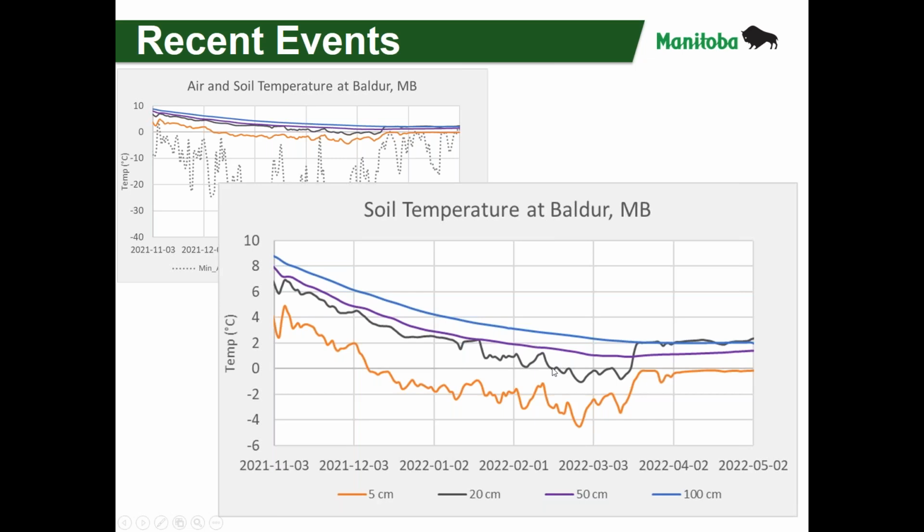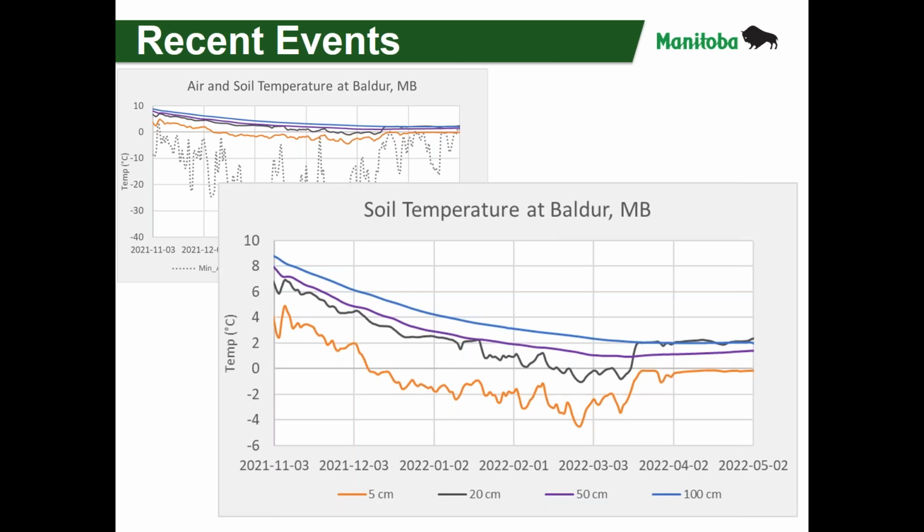And that was the extent of the frost, because the 50 centimeters, which is this purple line, did not get below, sorry, did not get below 1 degree. So no frost at 50 centimeters and no frost at 100 centimeters. And this was quite typical at many locations that we observed in terms of the frost depth being in the range of between 20 and 50 centimeters, and many locations at 15 centimeters did not observe any frost.